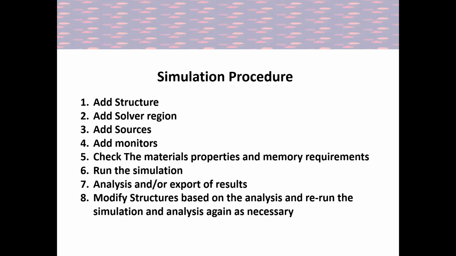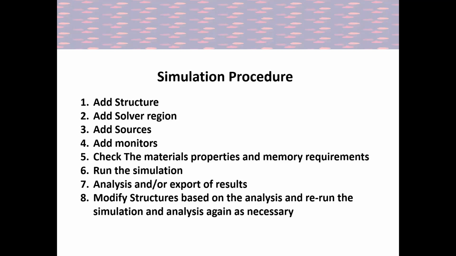For example, as I said before, you need to set the wavelength to be 1.55 micron, and add the monitors. And these monitors are for, for example, if we design a waveguide, the input will be a laser guided in one side of the waveguide, and I need to monitor the output of this waveguide. Why do I need to do that? Because I need to measure the loss, I need to measure the characteristics of the output light and so on.